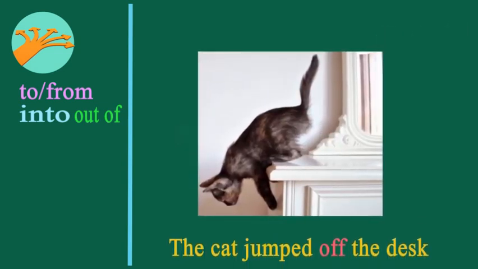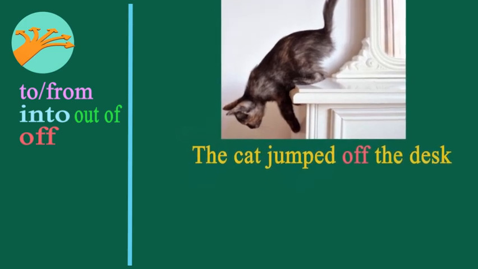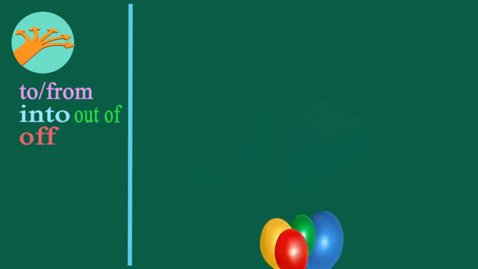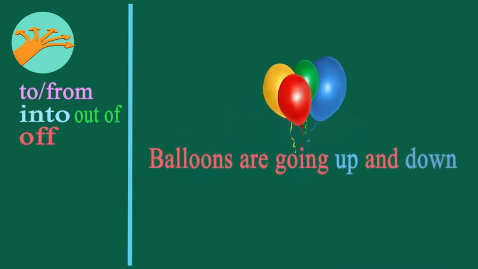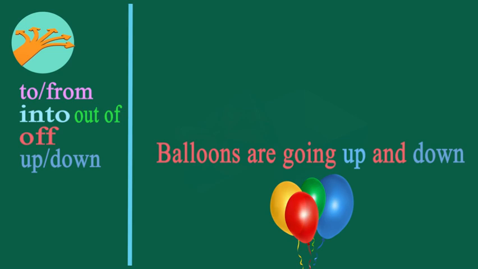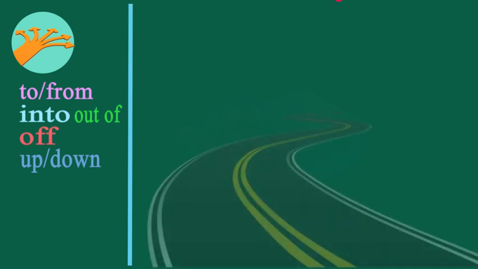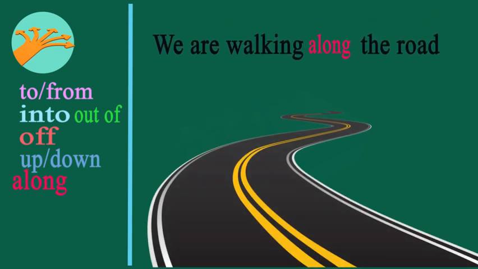The cat jumped off the desk. So it is related to movement. Balloons are going up and down. So up and down mean movement or direction. We are walking along the road. Along means movement.